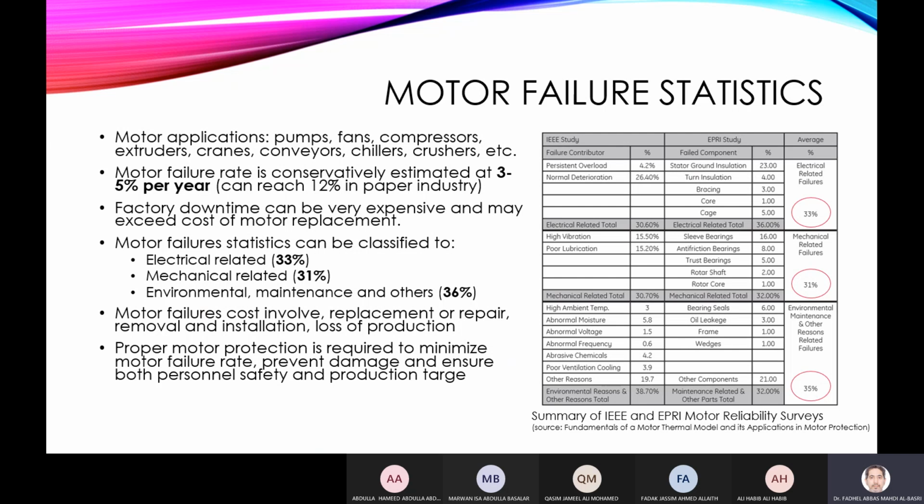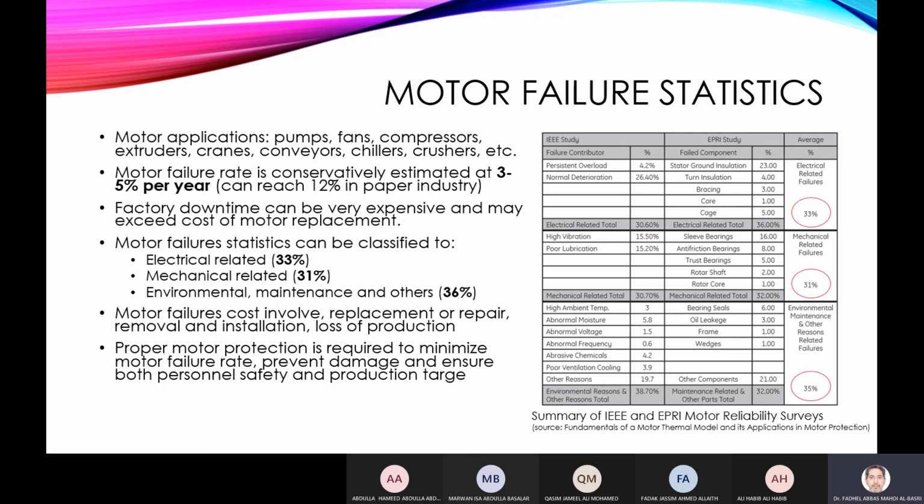Based on the failure statistics of these motors, the IEEE and EPRI did a reliability survey, and they found that the failure rate is about 3 to 5% per year, and can reach even 12% in some industries like paper industries. So this is a possibility of failures.